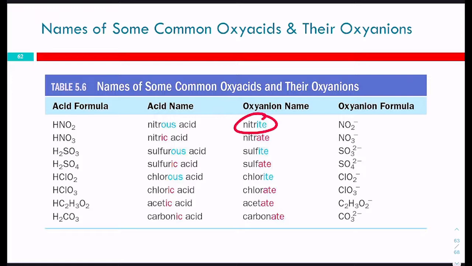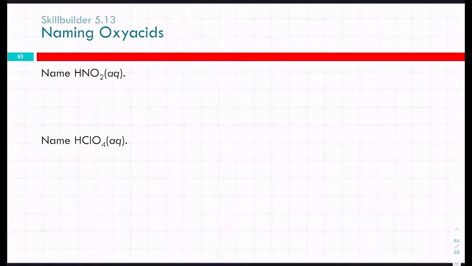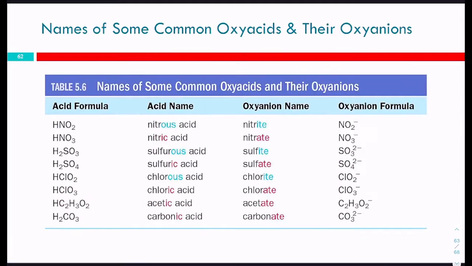Nitrite, the acid name is nitrous, and so on and so forth. I guess the one weird one on here is acetic acid, which is vinegar. The base of that will be acetate. That is one of the ones that's on the polyatomic ion quiz.